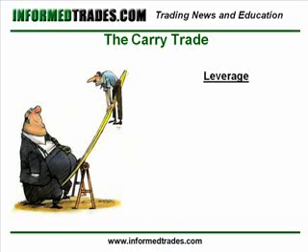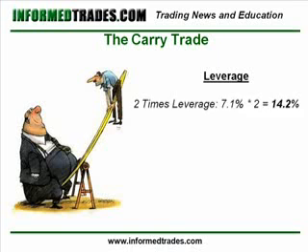So with this in mind, let's say that I leverage this position 2 to 1, which most traders I think would agree is still pretty conservative. This would double the return from the rollover portion of the trade to 14.2%, a return that if generated consistently would outperform the long-term average return of the U.S. stock market.